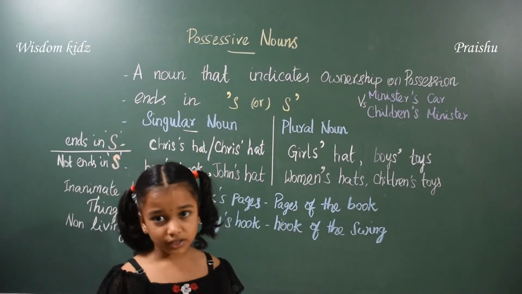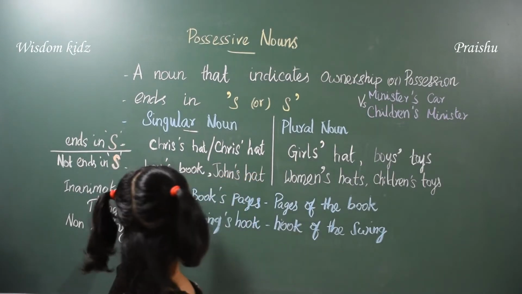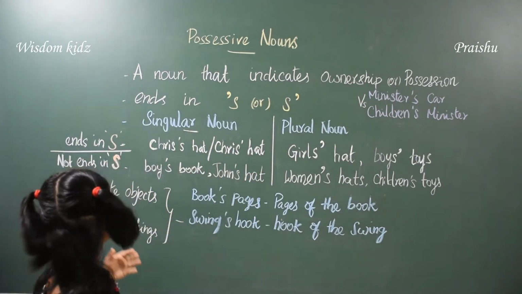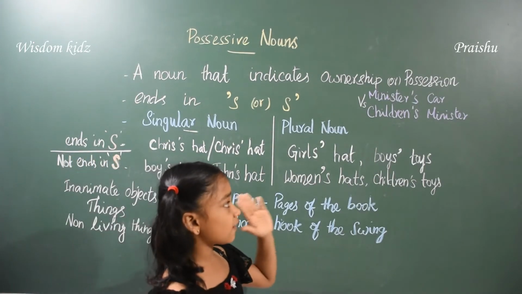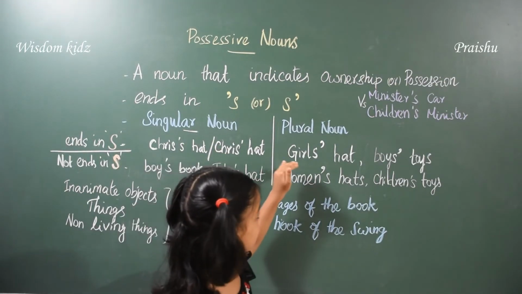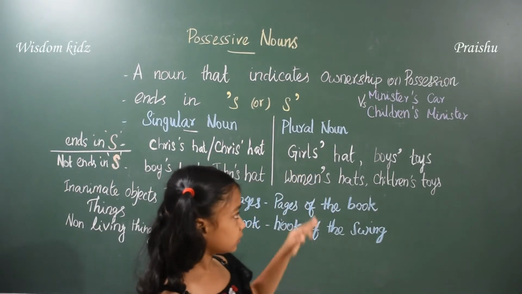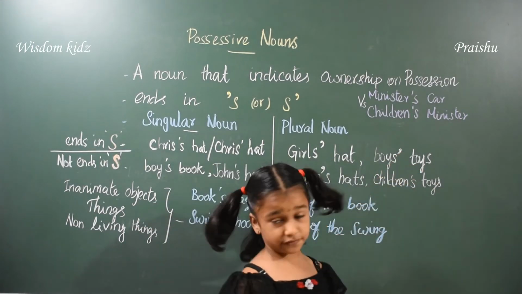Now we'll see the plural form of possessive nouns. If the plural form of the possessive noun ends in s, we add s apostrophe only. See, the girls' hats, the boys' toys. Only s apostrophe we added.